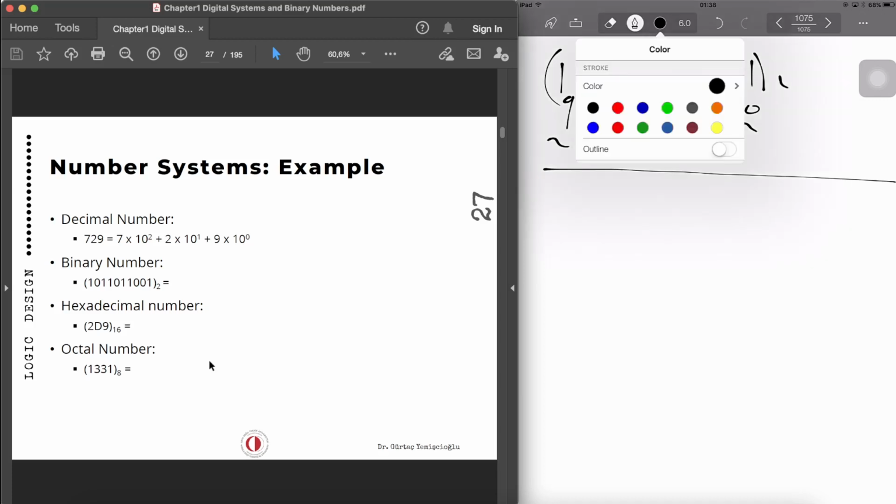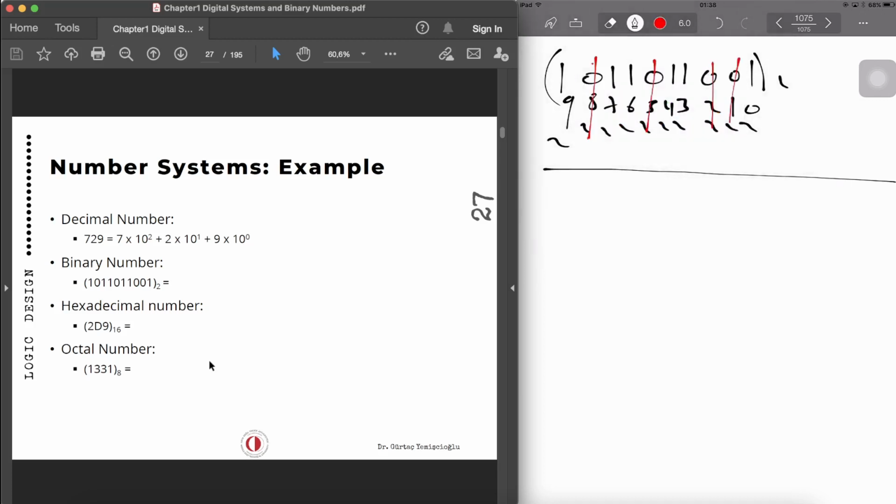We know that when something is multiplied with 0, it's going to be 0, so I'm just canceling those out. Now, what is 2 to the power 9? 2 to the power 9 is 512. You'll get used to this. You have to learn it. After a while of practicing, you will start to remember. 2 to the power 8, 256. 2 to the power 7, divided by 2, 128.